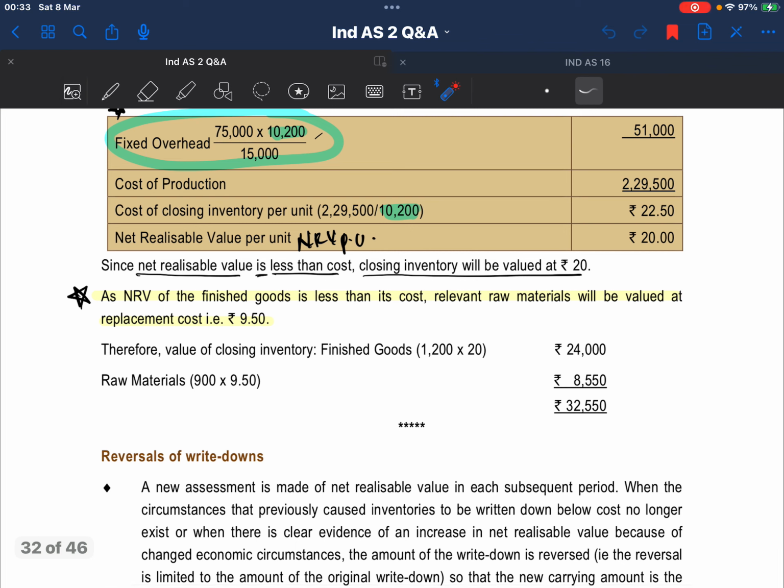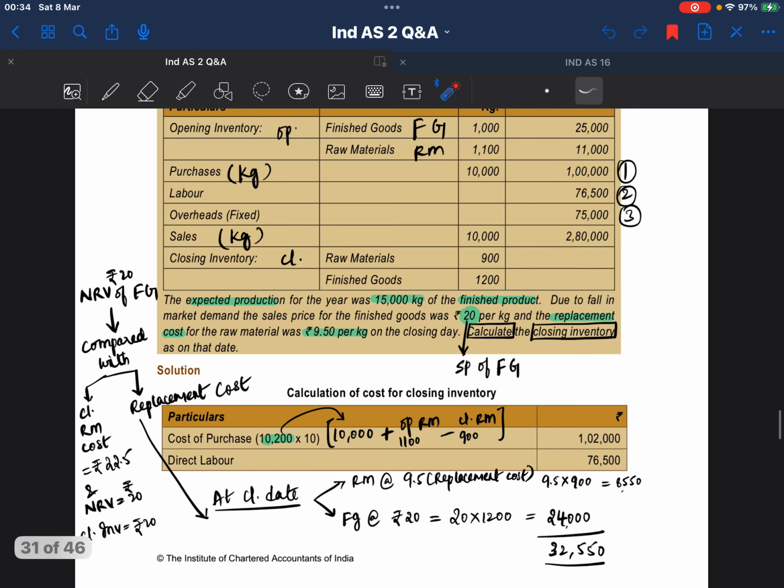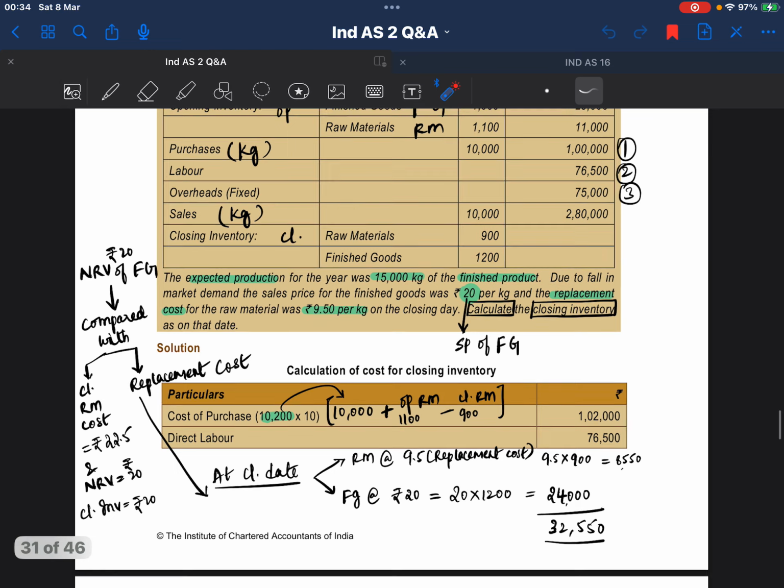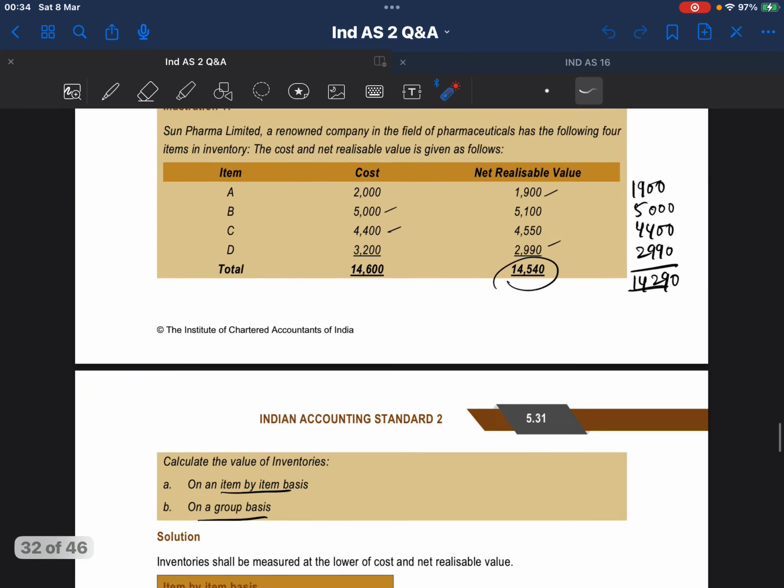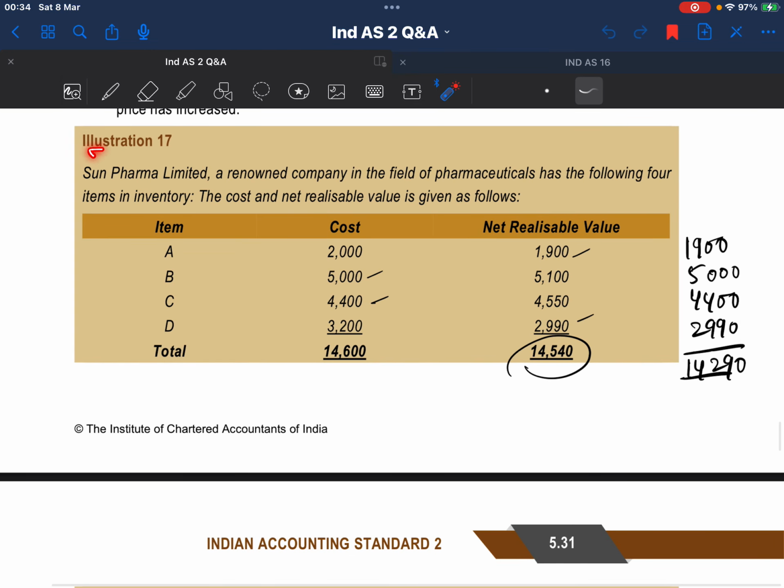Therefore, closing inventory is finished goods 1200 into 20, and the relevant raw material will be calculated at replacement amount. This 1200 into 20 into 9.5. Next, illustration 17.